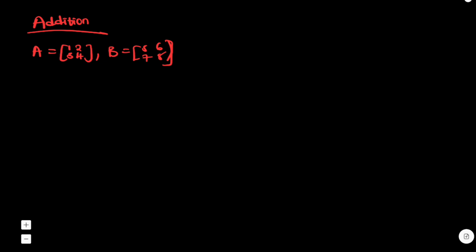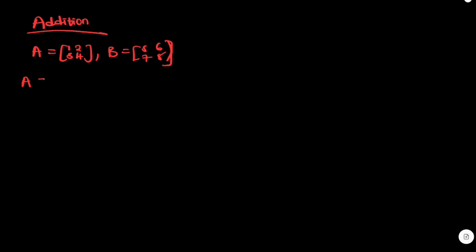Remember I told you in matrix addition, corresponding elements are added to each other. So the matrices must be of the same order. So the first thing you should do, you need to determine the order of the matrices you have been given. If they are not of the same order, then they cannot be added or subtracted. So let us determine the order of these matrices.